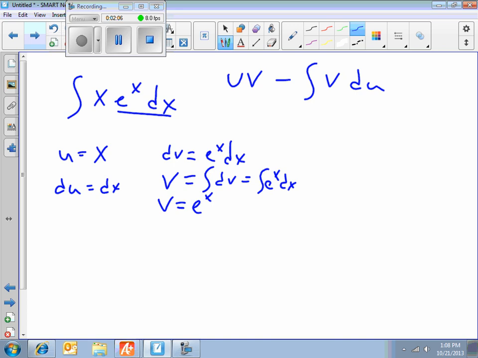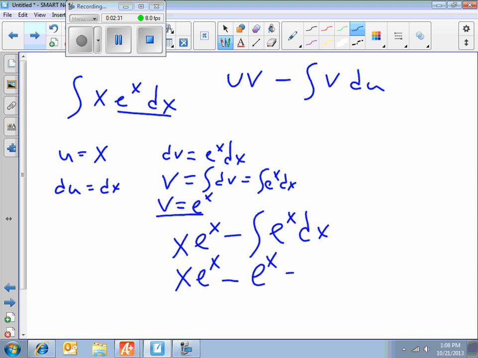So substituting that into integration by parts, we know that uv, so x is my u, v is now e to the x, minus the integral of v, which is e to the x, du, which is dx. So now when we integrate, it's x e to the x minus the integration of e to the x, which is e to the x, plus some c. And that is our answer. Now all of a sudden it really opens the door to all kinds of things that we can integrate.